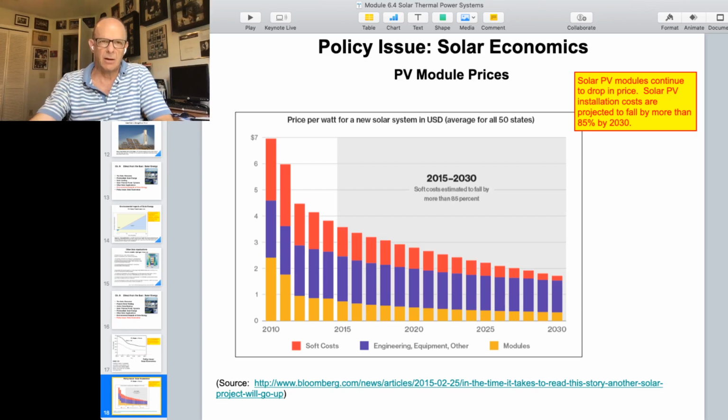That means a 10 kilowatt system costs about $30,000 or so. That's projected to drop by maybe another 30 to 40% in the next 10 years. And as a comparison, the cost of a kilowatt hour of energy is about 13 cents.